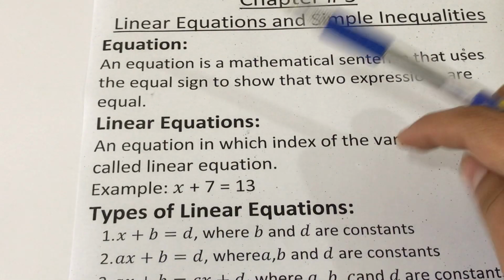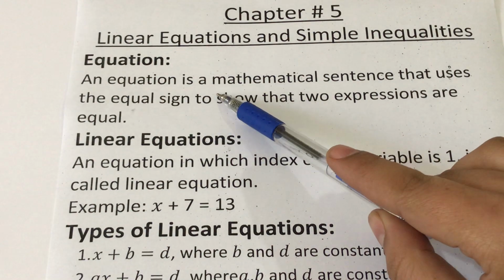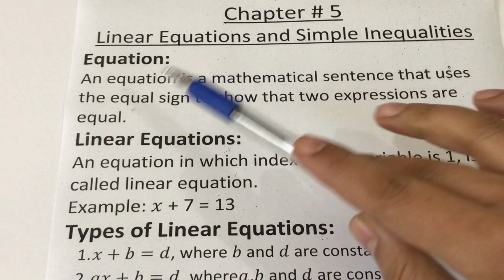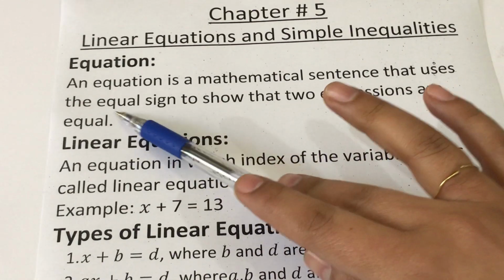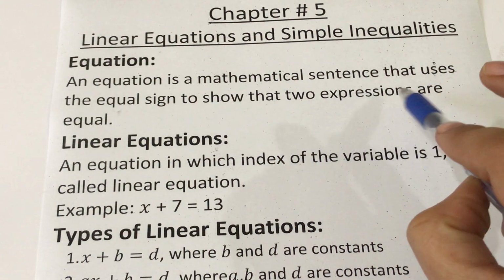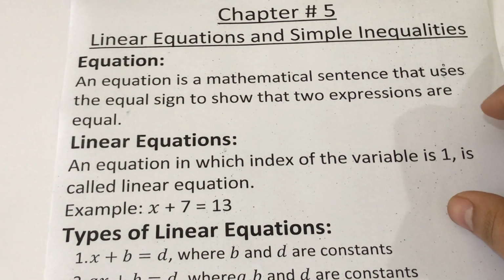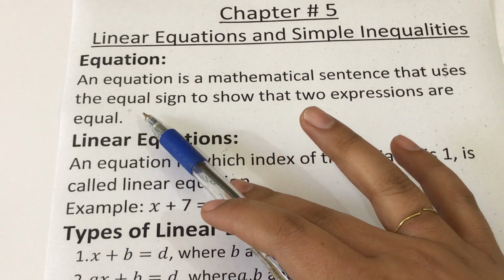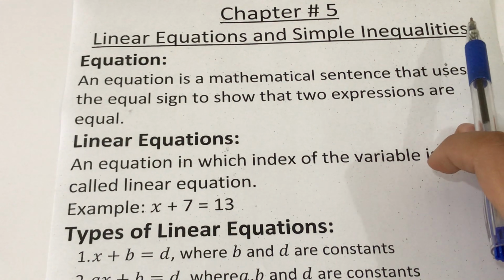Let's quickly revise the definition of equation. An equation is a mathematical sentence that uses the equal sign to show that two expressions are equal, right? In an equation we always use an equal sign to show that two expressions are equal.